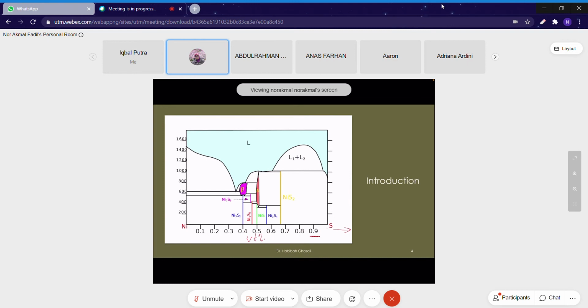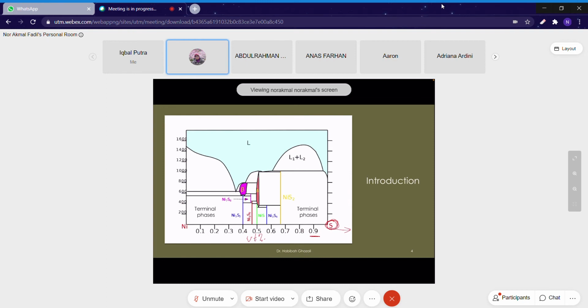But imagine sulfur is like a gas. Sulfur is a very light element, very small, tiny element. So 0.9 sulfur is quite huge as compared to nickel. The number of atoms is quite huge, penetrated into the parent atoms of nickel.